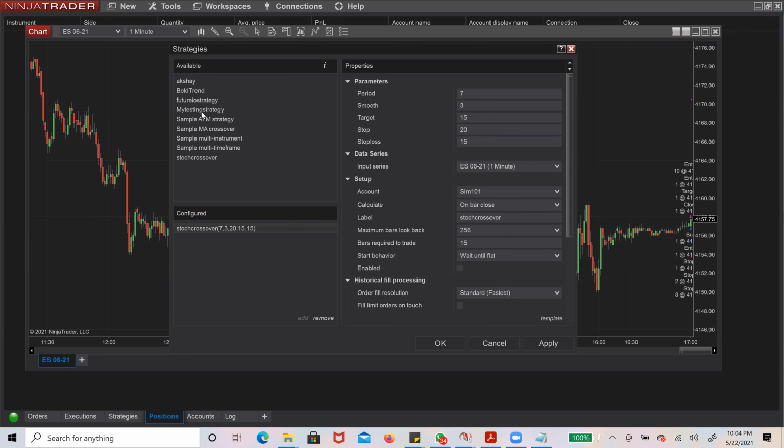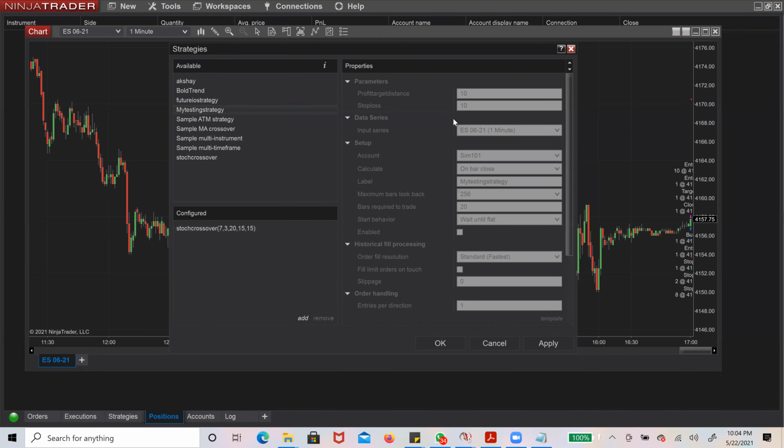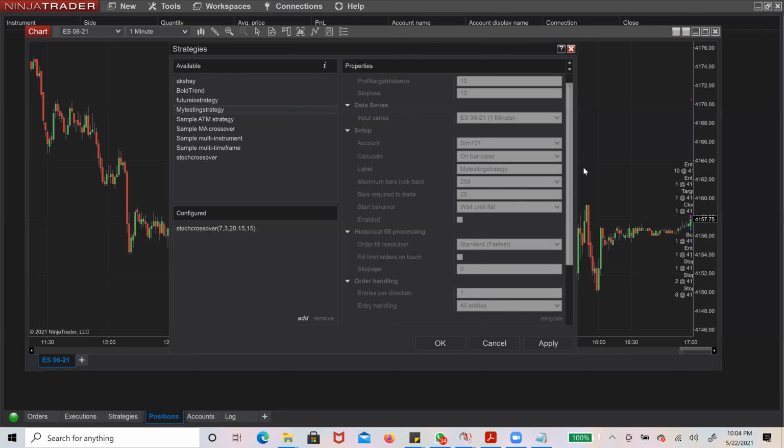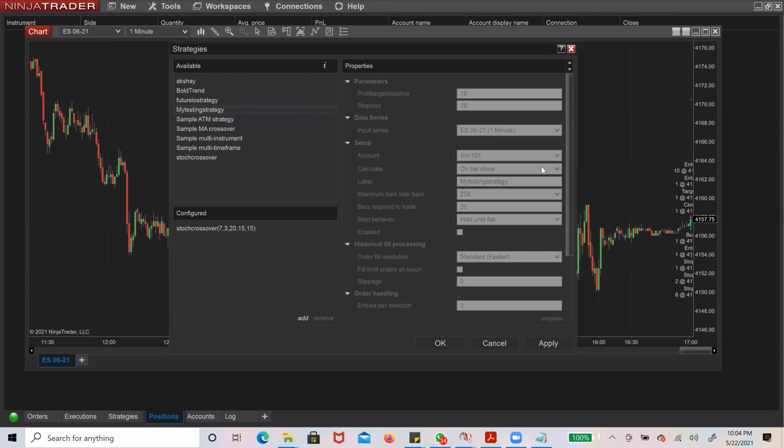There's one more strategy I was testing as well. I don't remember this, I just did something on it. This is the one I was working on with one of my friends. He was also working with me on the strategy perspective.